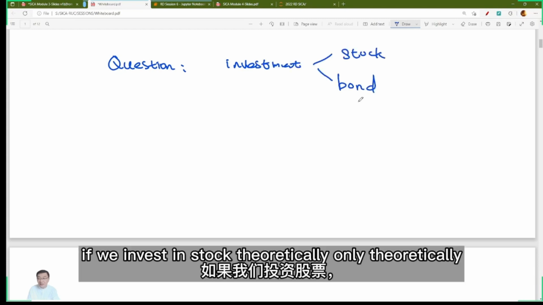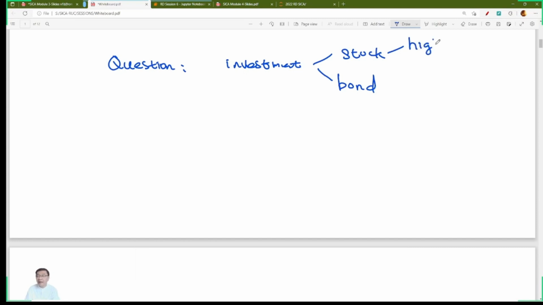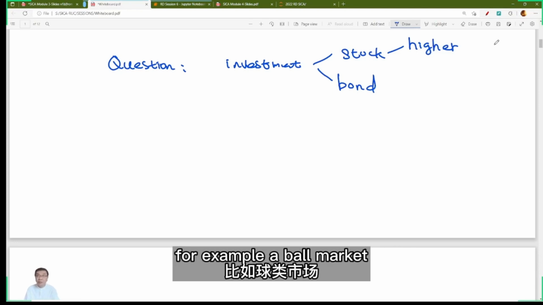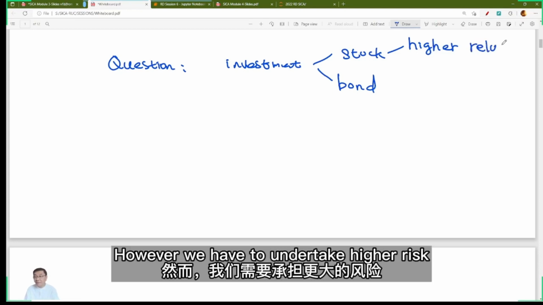Theoretically, if we invest in stock, only theoretically, we may possibly have higher return if our investment is at the right time, for example, a bull market. However, we have to undertake higher risk.